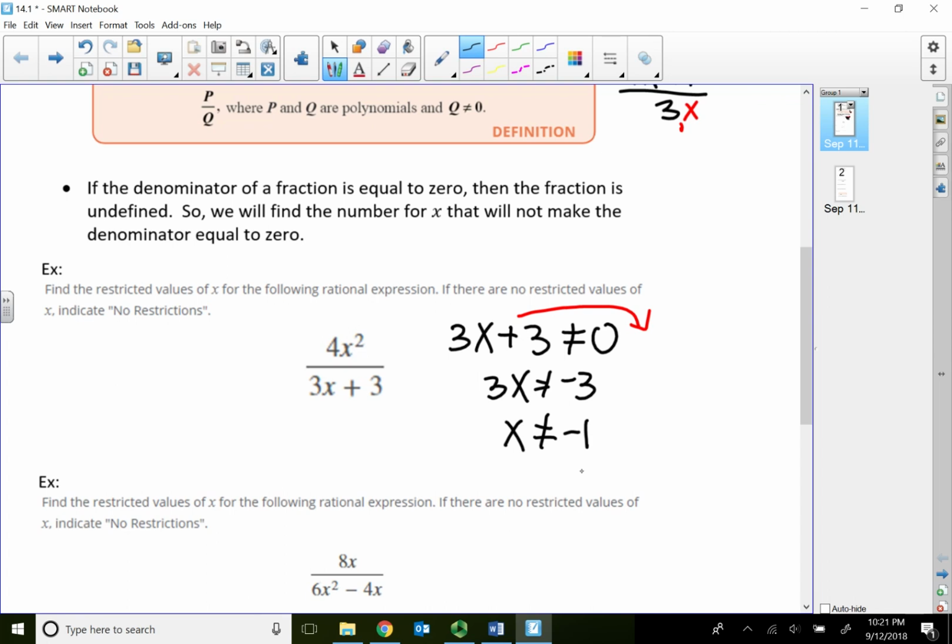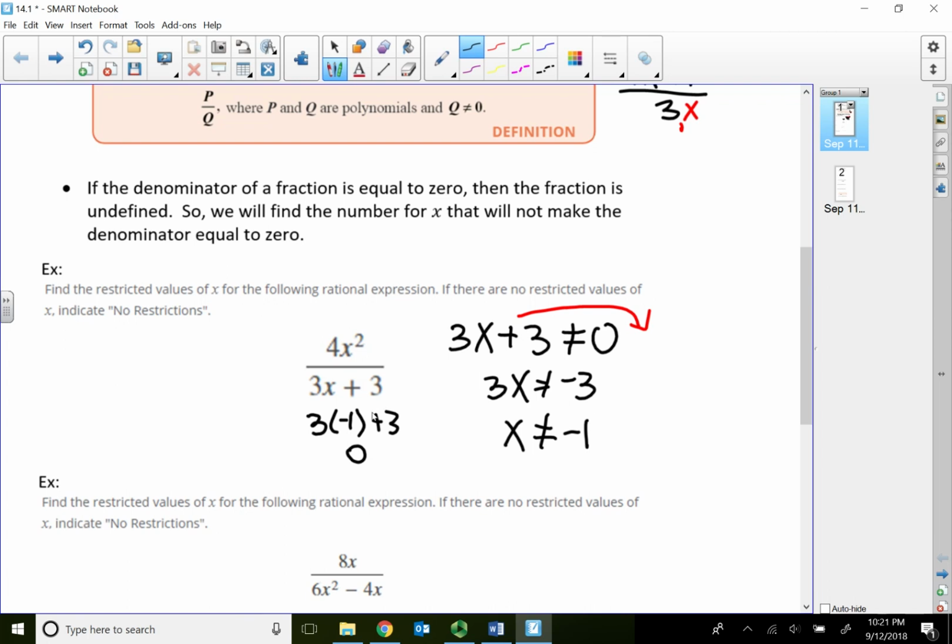So that will be my restriction, where x cannot be, because if x is negative 1, then 3 times negative 1 plus 3 will make my whole denominator equal to 0. Then my entire rational expression will become undefined.